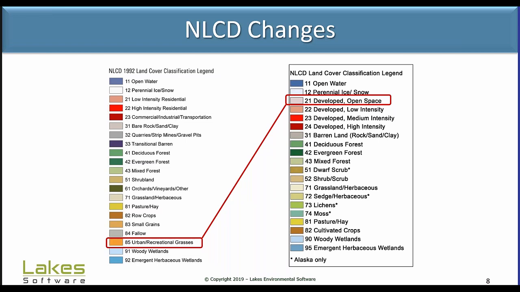We also have changes in what was categorized in 1992 as low-intensity residential, high-intensity residential, and commercial industrial transportation, 21, 22, and 23, which have now become these larger catch-all developed categories, which are classified by percentages of man-made materials within each segment. If you look through the EPA's AERSURFACE documentation, you can see how they modified their lookup tables of albedo, Bowen ratio, and surface roughness to fit the new classification scheme.